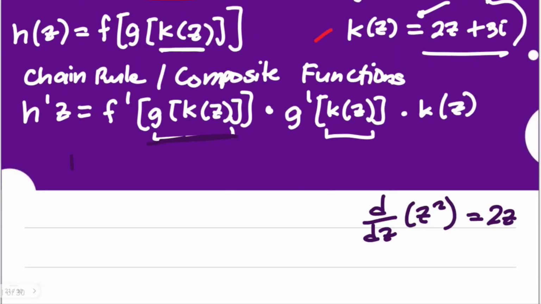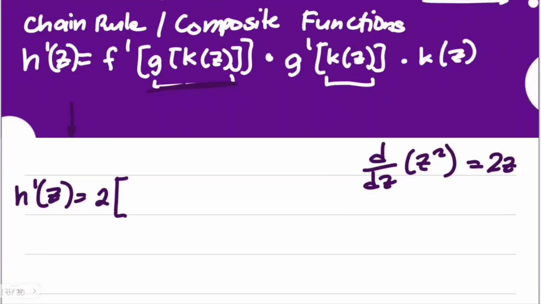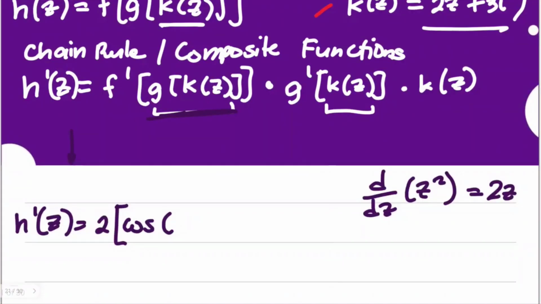So h prime of z is equivalent to 2 times your entire function inside, which is this form here. So 2 times cosine of 2z plus 3i. Of course, that's 2z, and 2 minus 1 is the exponent, that's why it's just equal to 1.